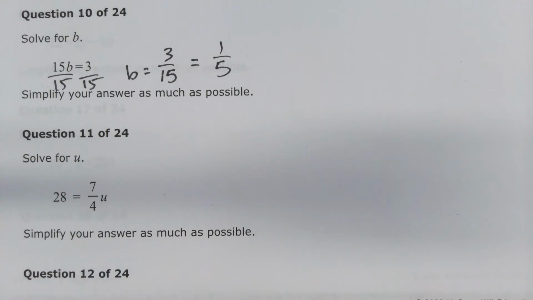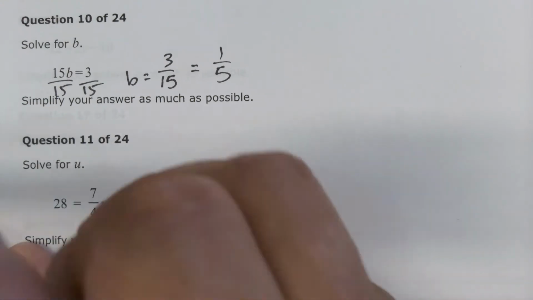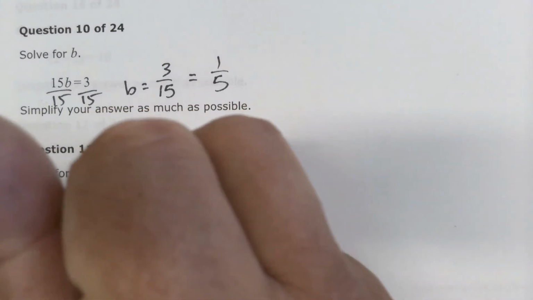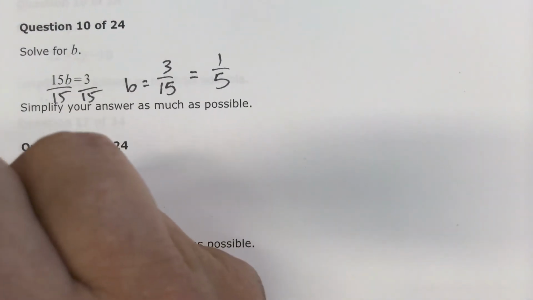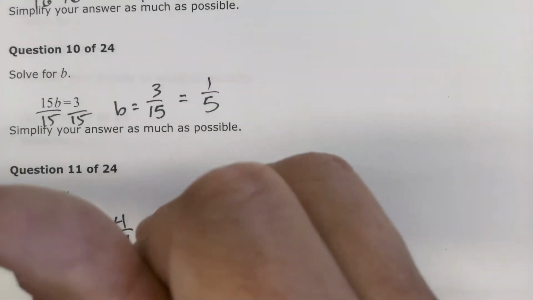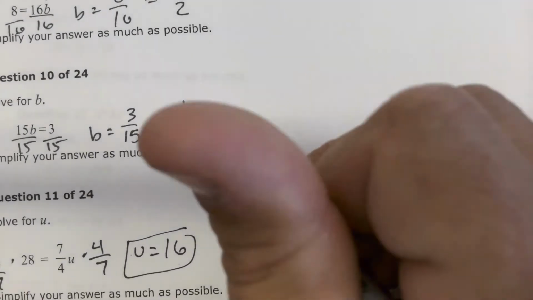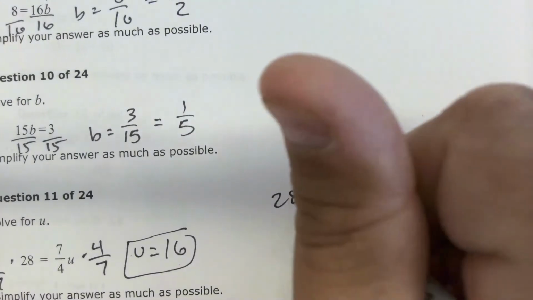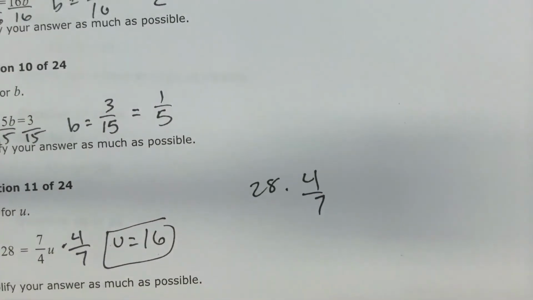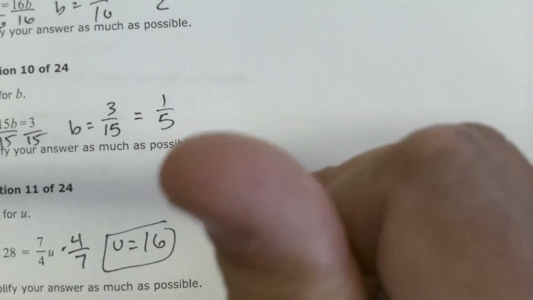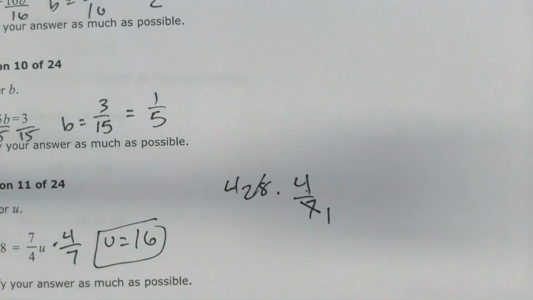But when we divide by a fraction, we have to flip the fraction and multiply. So we're timesing both sides by 4/7 here. Does anyone know what it is? 16. Nice. If you need a calculator, you can go 28 times 4 over 7, which reduces to 1 and a 4. 4 times 4 is 16.